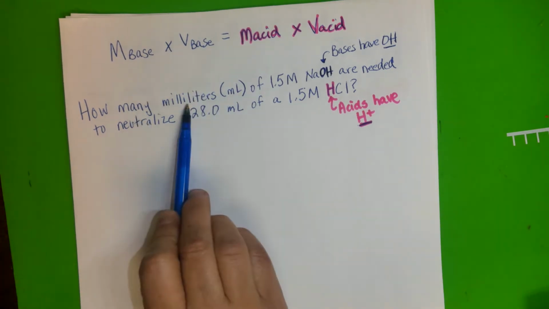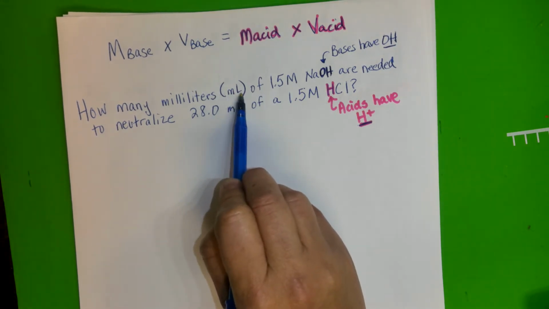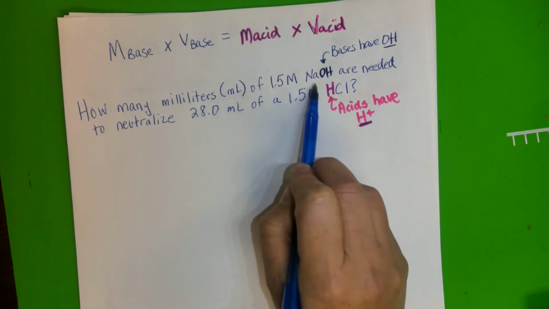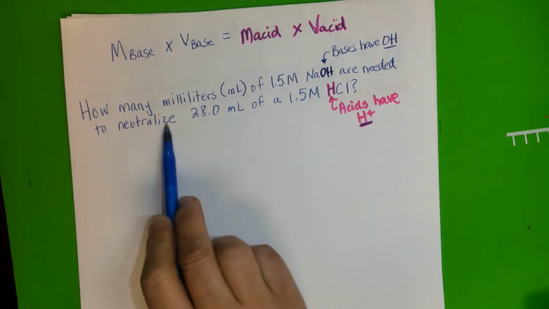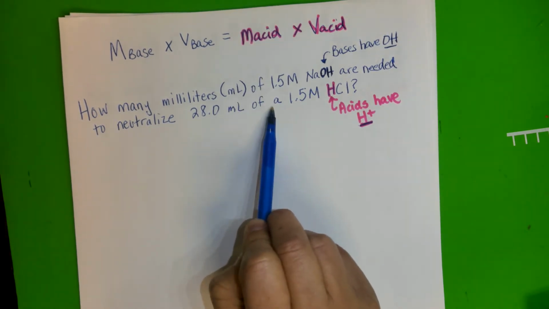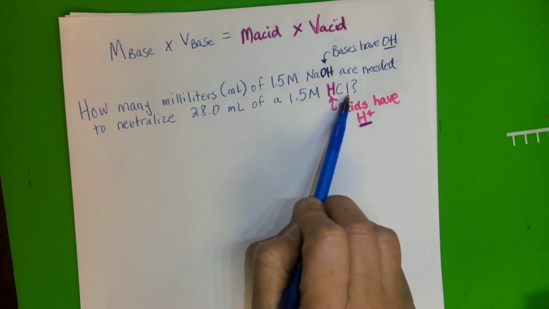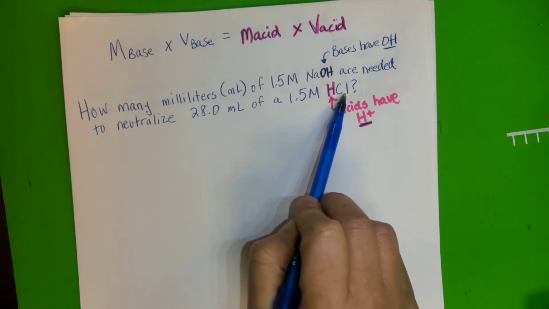So how many milliliters, abbreviated as mL, of 1.5 molarity sodium hydroxide are needed to neutralize 28.0 milliliters of a 1.4 molarity of hydrochloric acid? Keep in mind, let's go back to the basics.